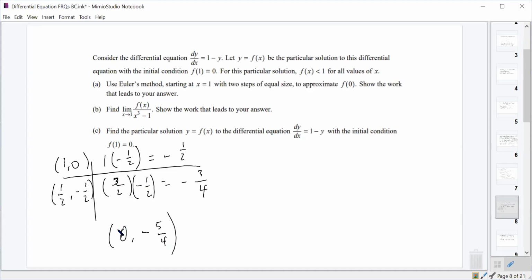No, it just didn't look good. It looked like a 3 initially, so I tried to make it look right.